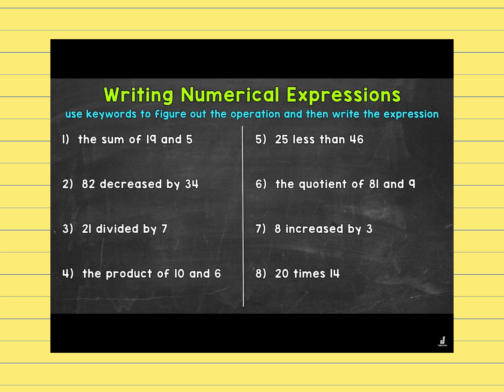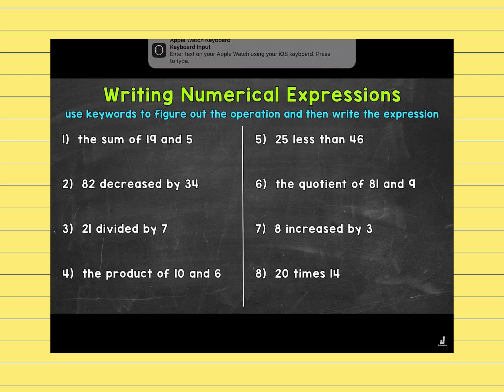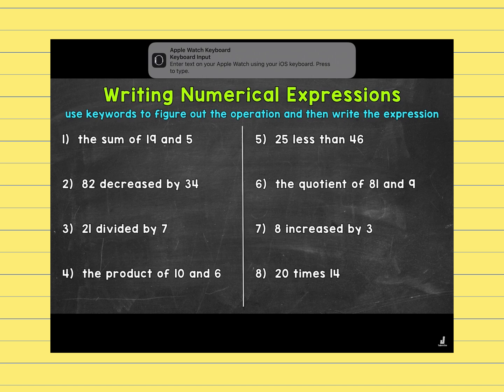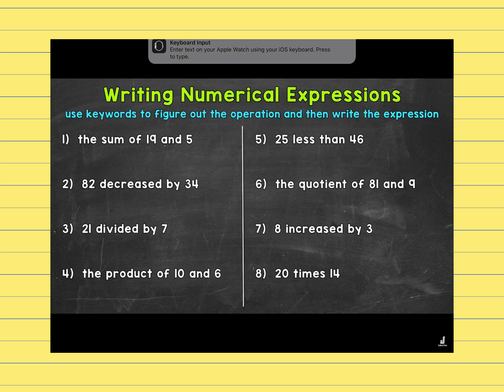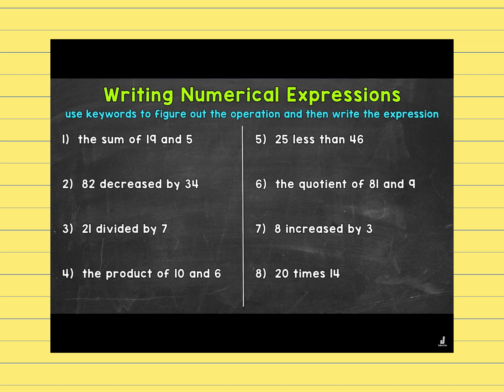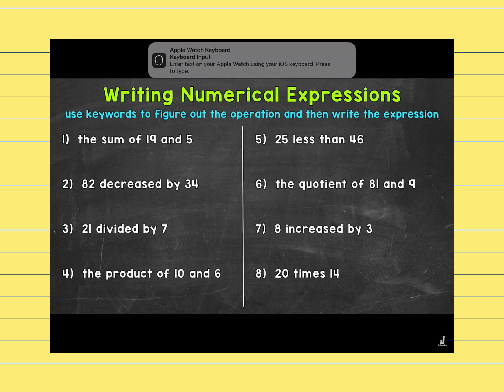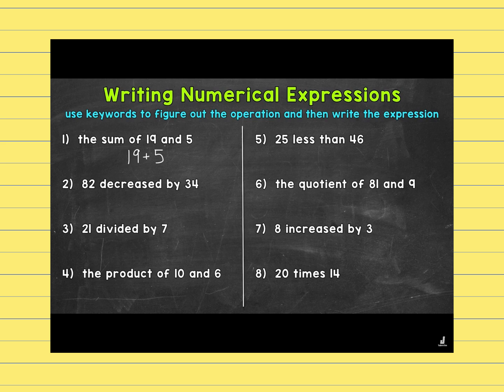So let's jump into our examples here and start with number 1, where we have the sum of 19 and 5. So sum is our keyword. It means the answer to an addition problem. So we are going to add 19 and 5. So that's going to be our numerical expression to represent that phrase. So 19 plus 5.